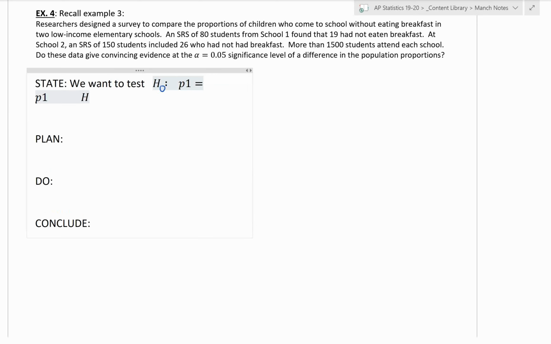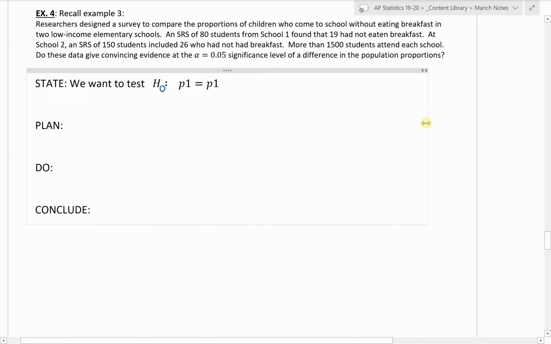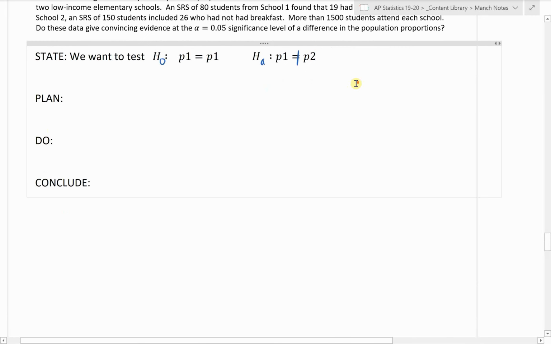And then our alternative hypothesis would be that they're not equal. Okay, so there are our two hypotheses.